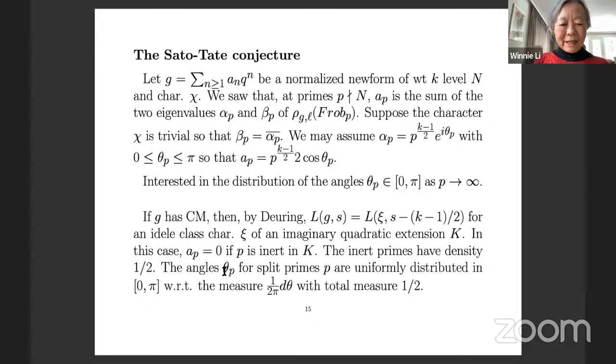For the remaining primes p, which split in K, the angles theta_p are uniformly distributed on the interval from 0 to pi with respect to the measure 1 over 2 pi d theta, the usual measure. Its total measure is 1/2, because the other 1/2 goes to the inert primes. So the distribution for forms with CM is clear.